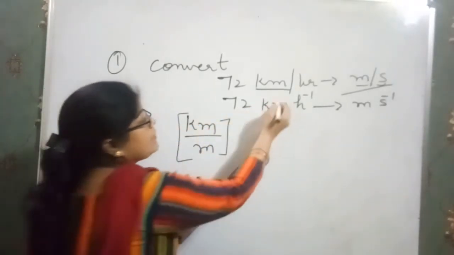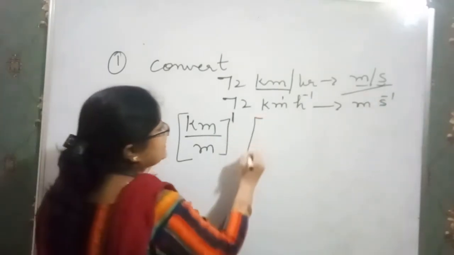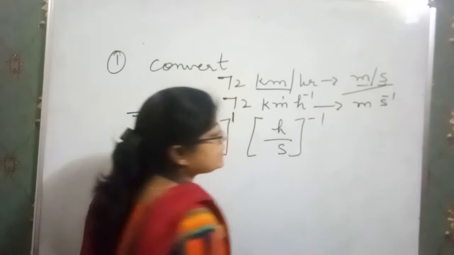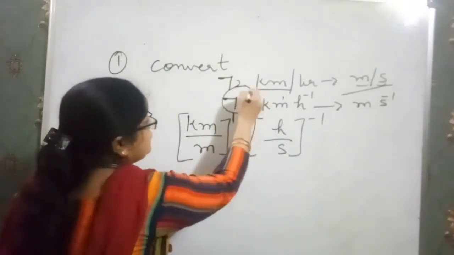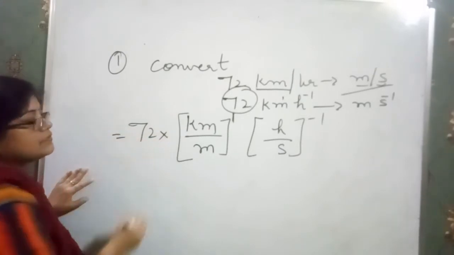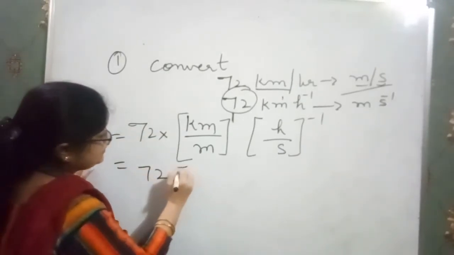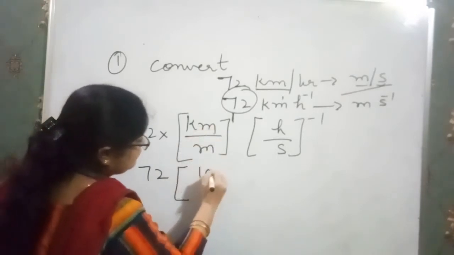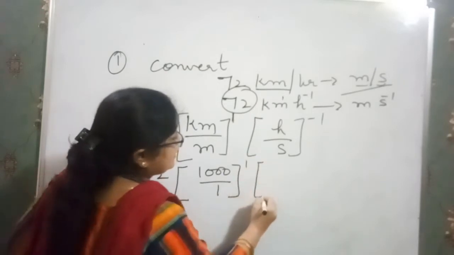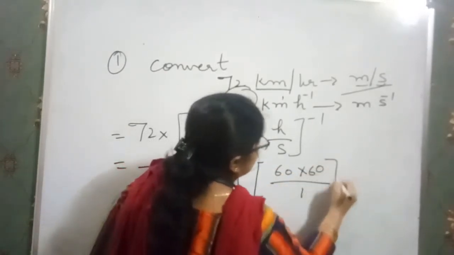Now we have the power 1, so I put it here 1. Now here we have hours over second to the power -1. And the value which we have to convert, just multiply it with 72. Understand? Now we have 72. For kilometer we have 1000 over 1 to the power 1. And 60 × 60 to the power 1 - 1.